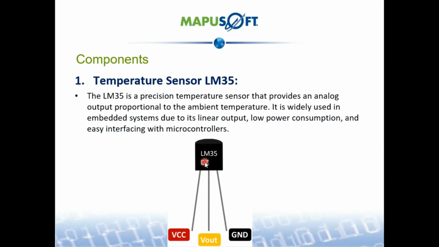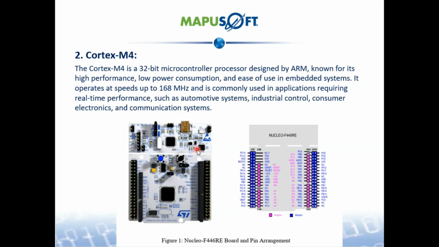Now let's see the components. Temperature sensor: here we are using an LM35 sensor for measuring the temperature. This sensor provides an analog output proportional to the temperature in Celsius. The next component is our target board, the Cortex microcontroller, which acts as the system brain, processing the temperature data and controlling the output devices.